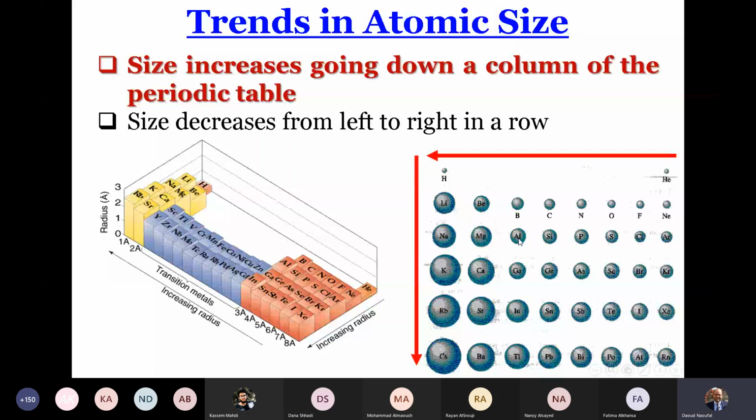I will prove now why in the same period, or in the same row, or in the same line, the atomic size increases from right to left.